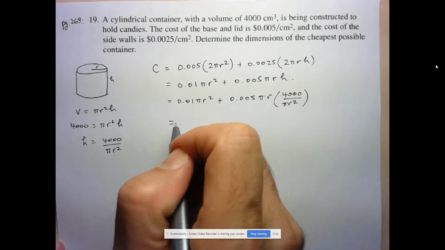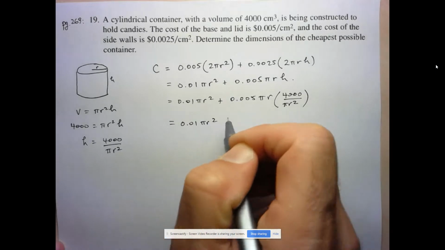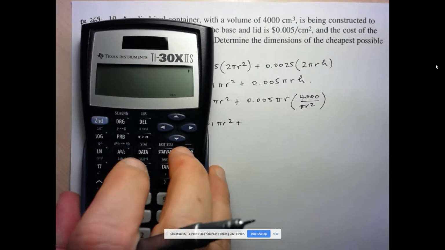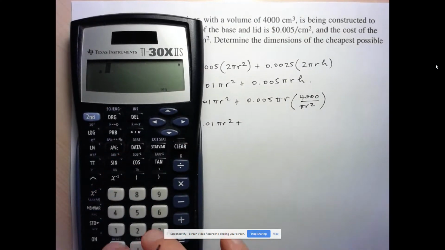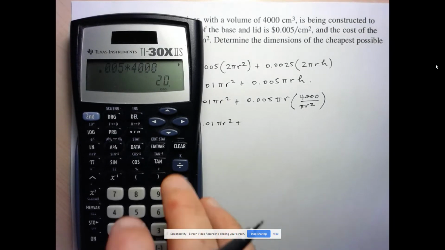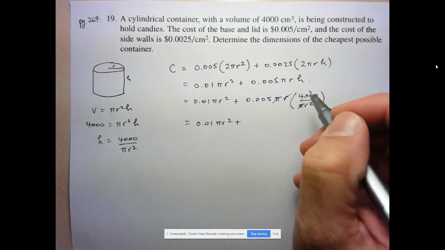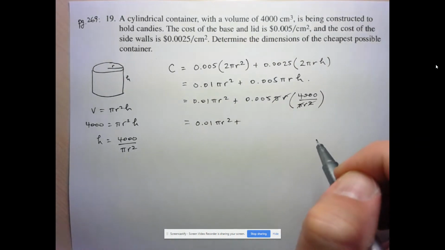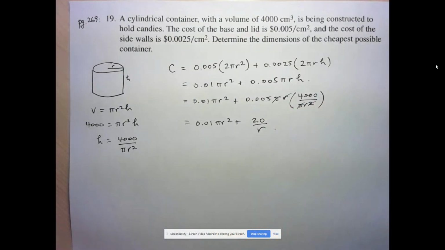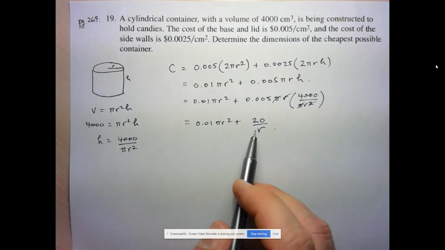And let's just clean this up to get our final model. 0.01 pi r squared plus, I don't want to take any chances, so I will use my trusty calculator. 0.005 times 4,000 is 20. Okay, and of course the pi's reduce. One of those r's reduces in the denominator, so I'm left here with 20 over r. All right, so this is our model for the cost in terms of radius alone.